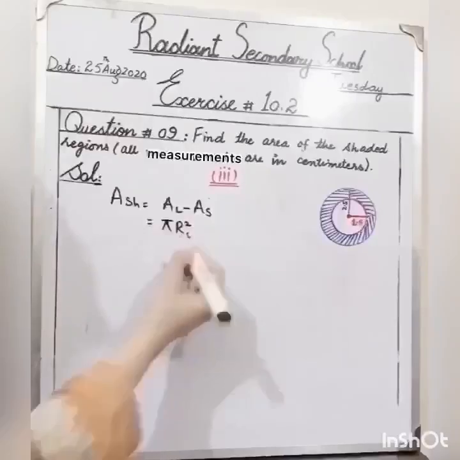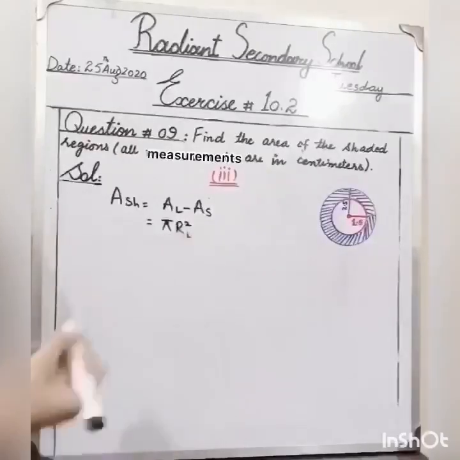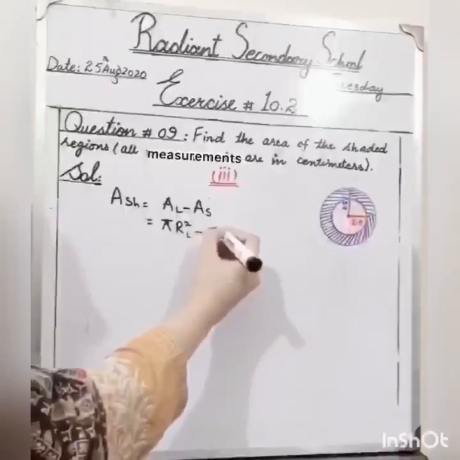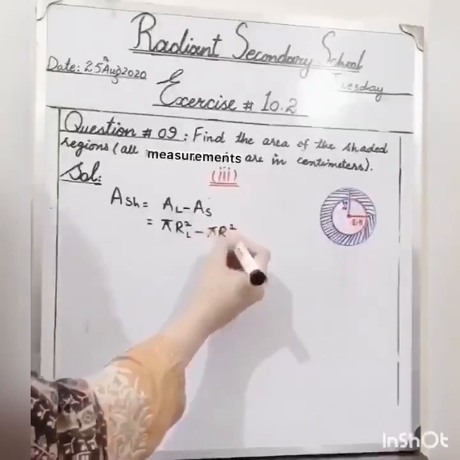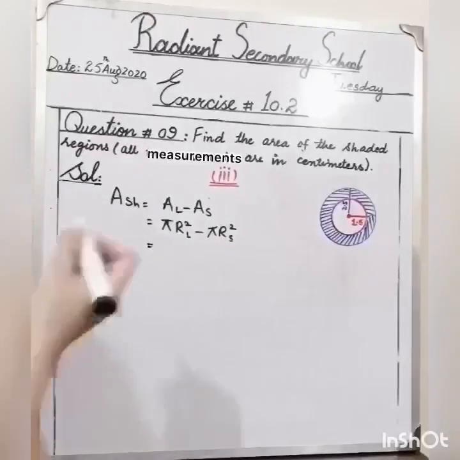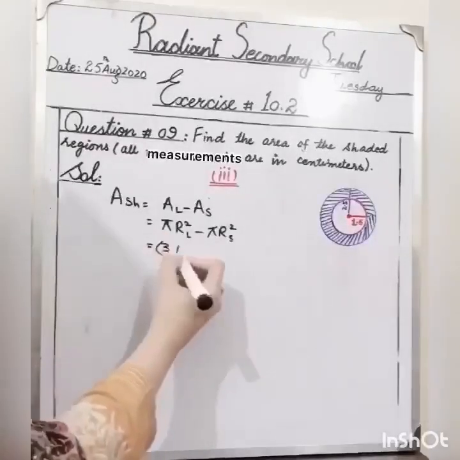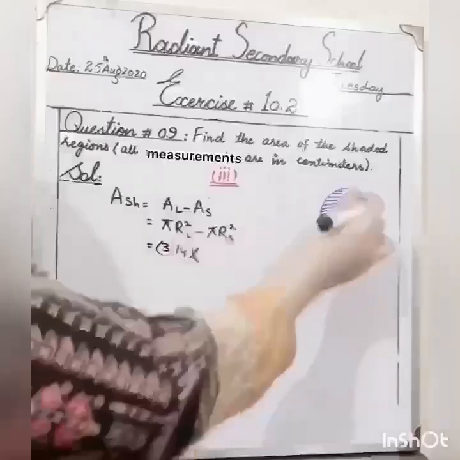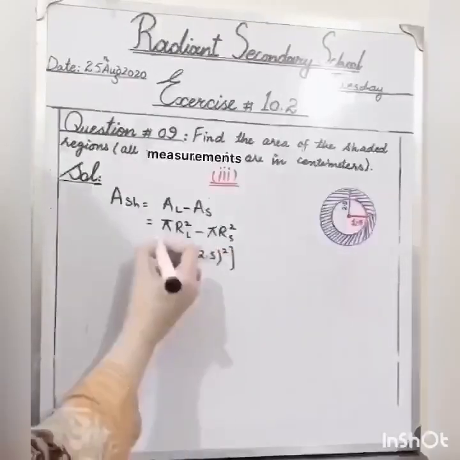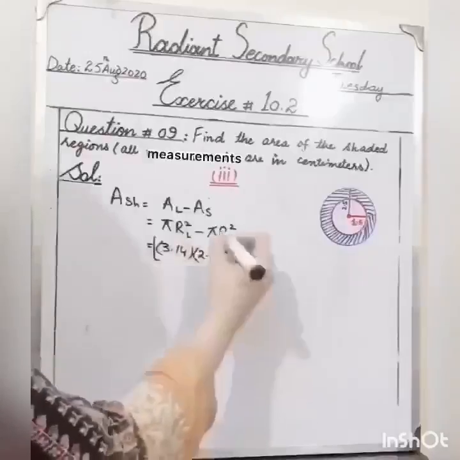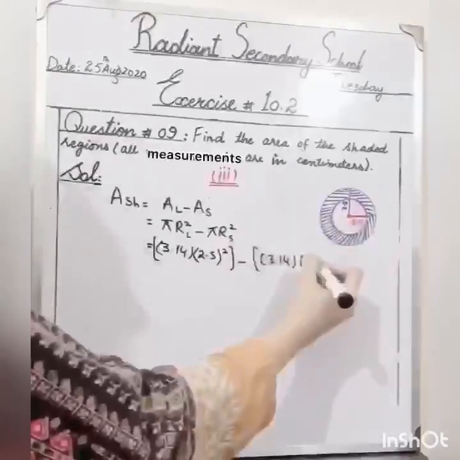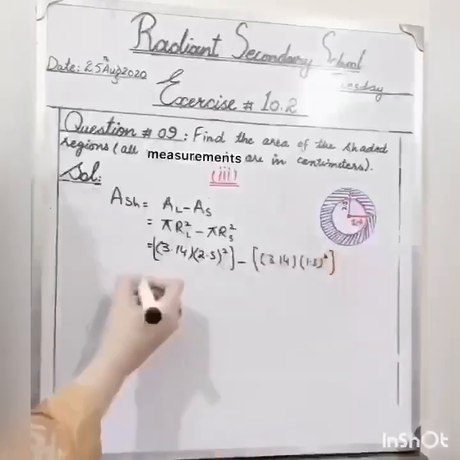Here you will write a small l because we are going to use the radius of the larger circle, minus pi r square. Here you will write a small s because we are going to use the radius of the smaller circle. Pi is 3.14. The radius of the larger circle is 2.5 square, minus pi is 3.14 and the radius of the smaller circle is 1.5 square.